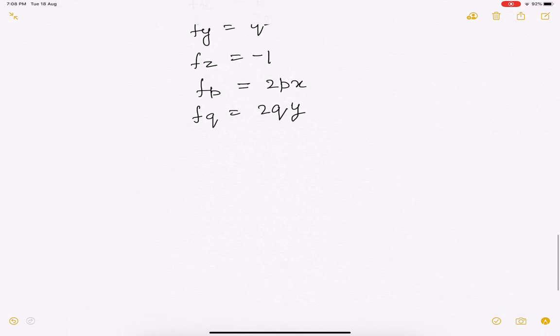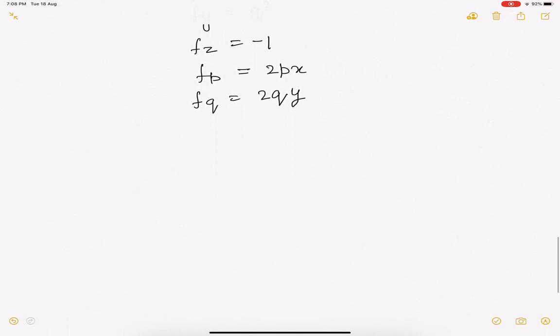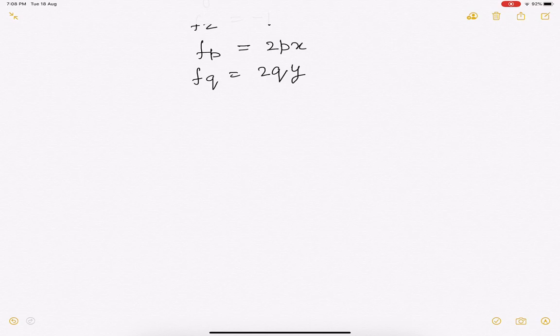Let us write Charpit's auxiliary equation. This time I am not writing the formula.